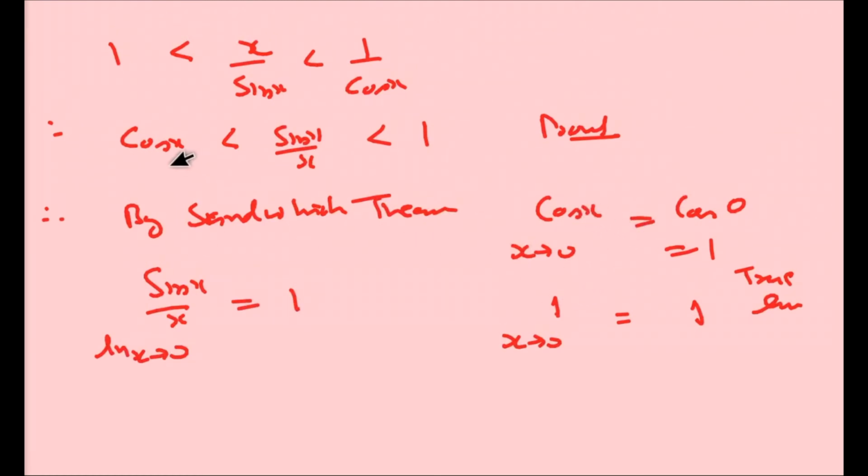Since the limit of this is equal to the limit of this, we can say the limit of this is equal to 1. Okay student, so it is a very important formula, that the limit of sin x upon x is equal to 1. We will use this in some questions.